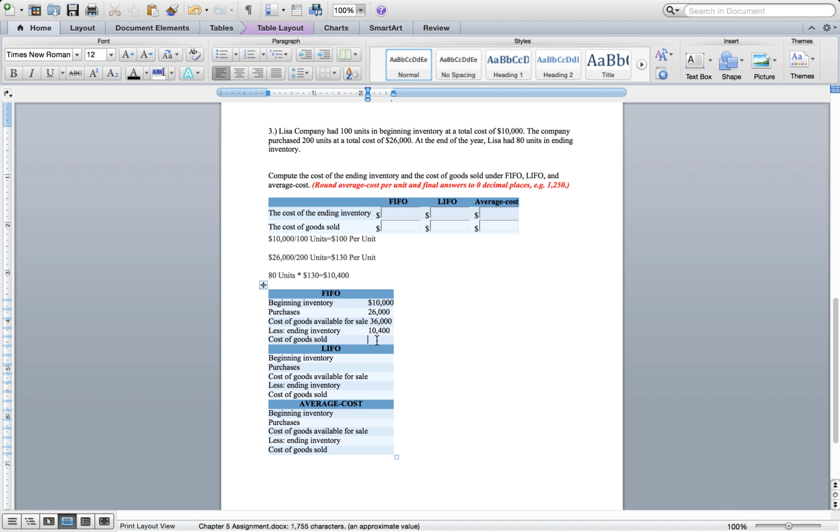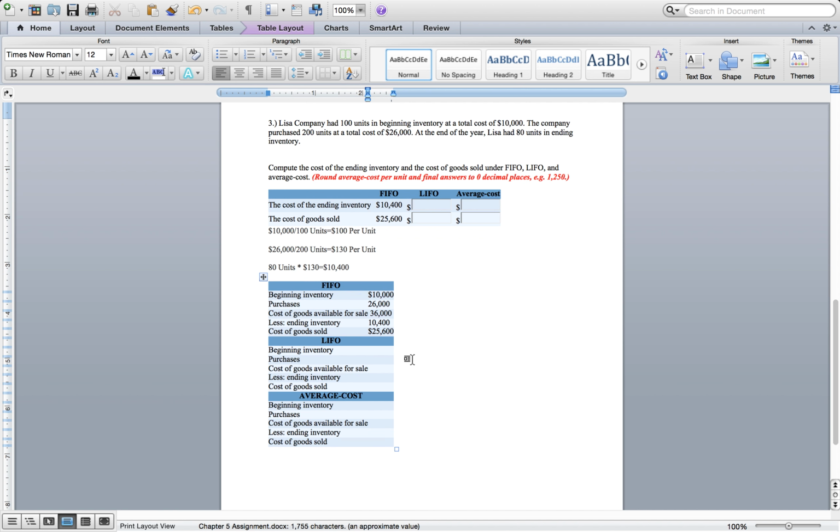So we subtract those two, so my cost of goods sold will be $25,600. So, fill in each one. My cost in the inventory for FIFO is $10,400. And my cost of goods sold is $25,600.